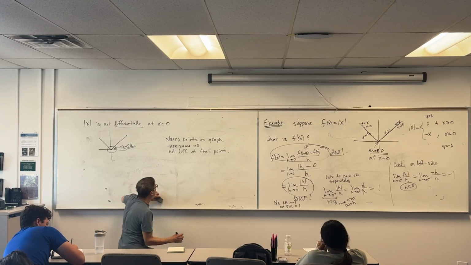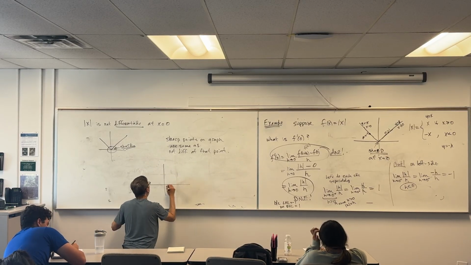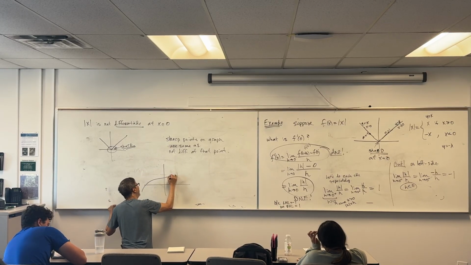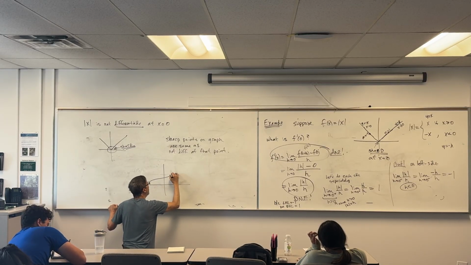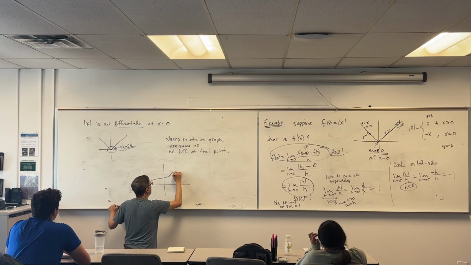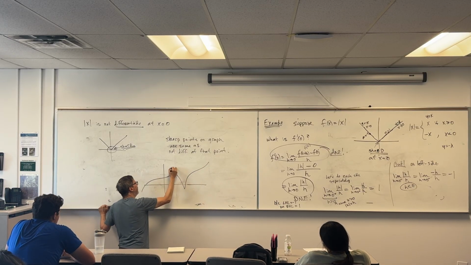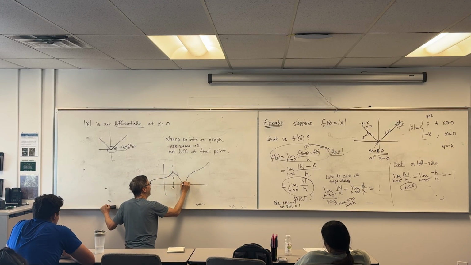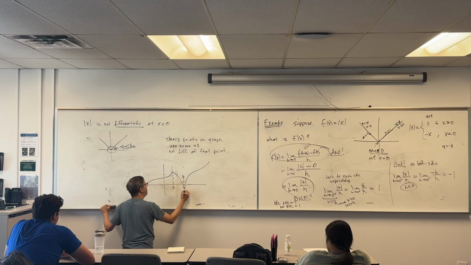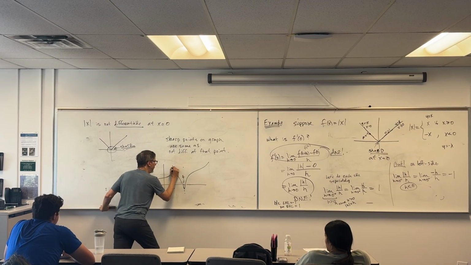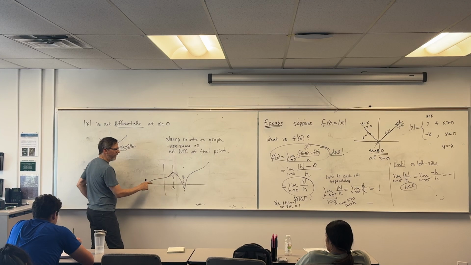So let's do a little summary here. What if I have a function that looks like this? Something like that. You have some fun with it. Just make a little sharp point at 3 and another sharp point at 6. So that's supposed to be sharp.